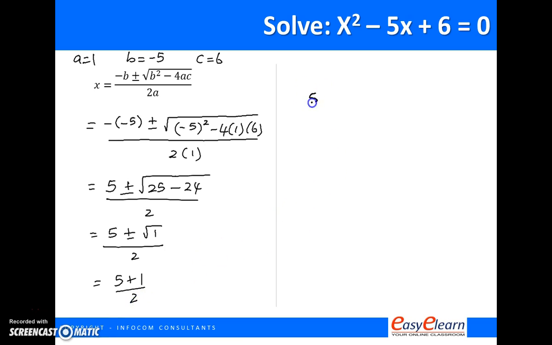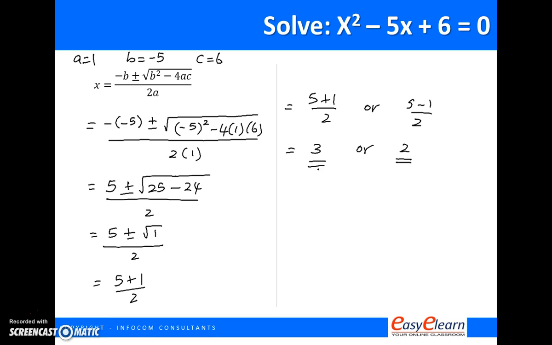So it's going to be 5 plus 1 divided by 2, or 5 minus 1 divided by 2. So 5 plus 1 is 6, divided by 2 going to be 3. 5 minus 1 is 4, divided by 2 going to be 2. So there are two roots here. One is 3, another one is 2.